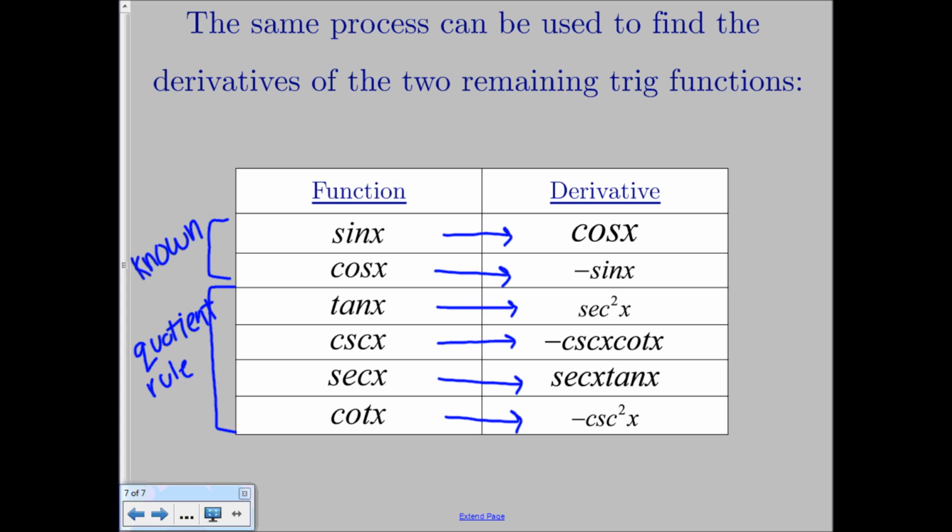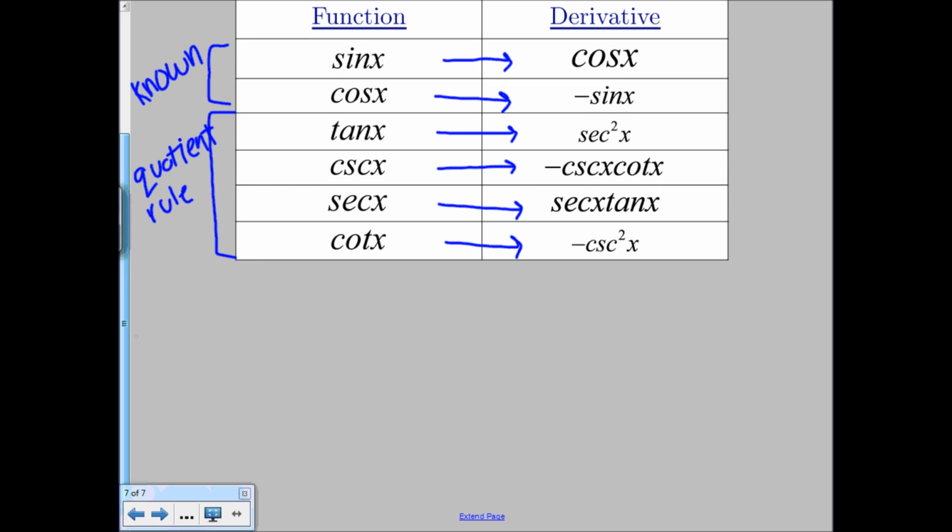So now you might be saying this is a lot of stuff to have memorized, and it is, but there are a lot of patterns that show up in trig functions. You might notice that there are three trig functions that have negative derivatives, and it's really easy to remember them by the simple rule: starts with a c.